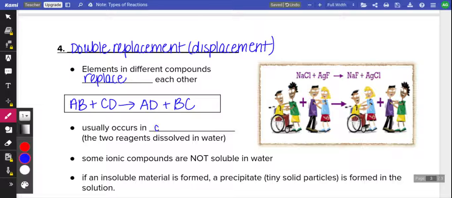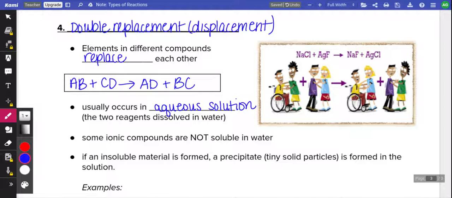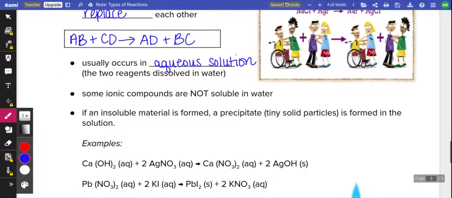This usually occurs in aqueous solution. Typically you are going to have some ionic salts dissolved into aqueous solution. You're going to mix them together and you get this double displacement reaction happening.